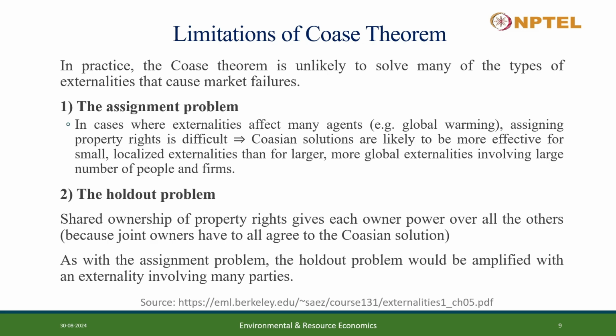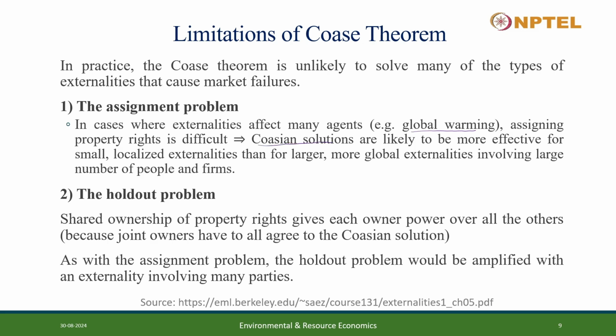So first of all, the assignment problem. The Coase theorem assumes that the property right is well defined. However, in the case of global warming or air pollution, the property right cannot be well defined. So in this case, the Coase theorem will not hold true.